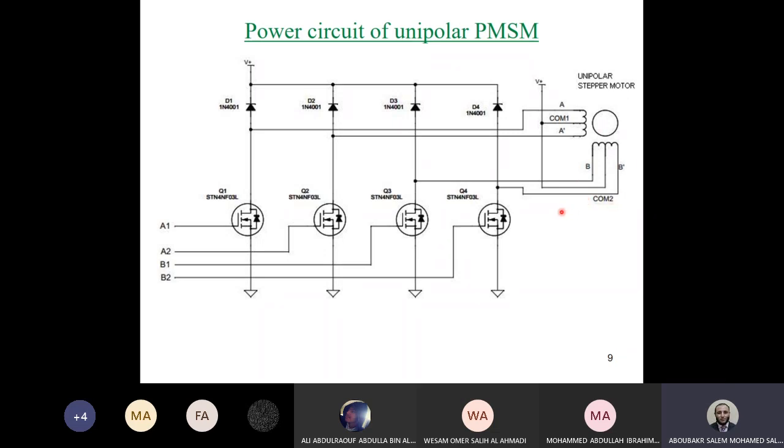So this is the well-known circuit for the unipolar permanent magnet stepper motor. The diodes with the VCC are connected only to protect against current moving in the reverse direction. Okay.